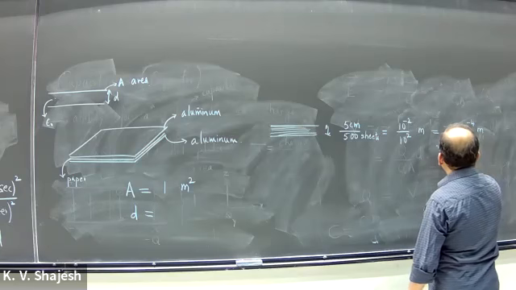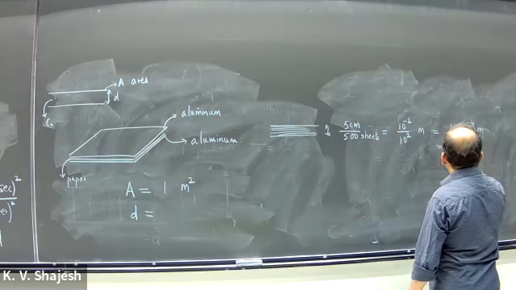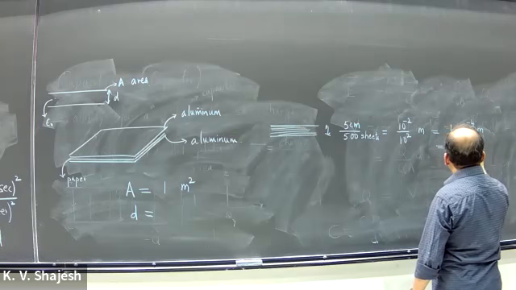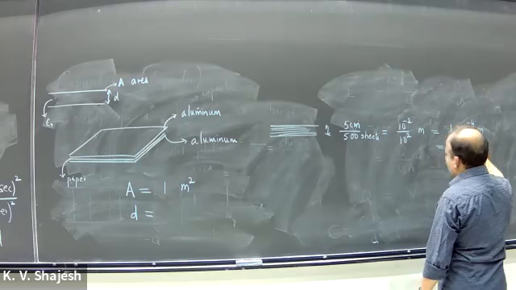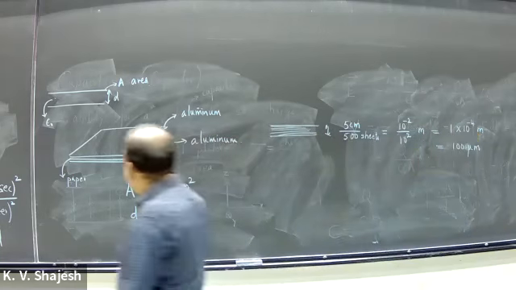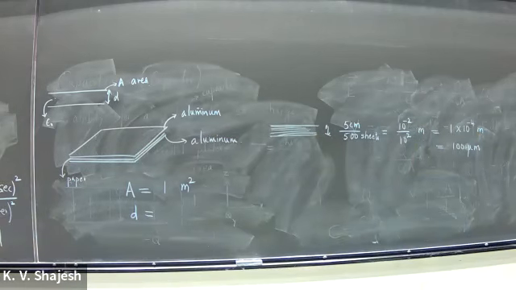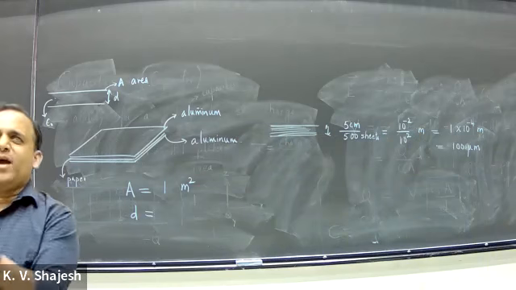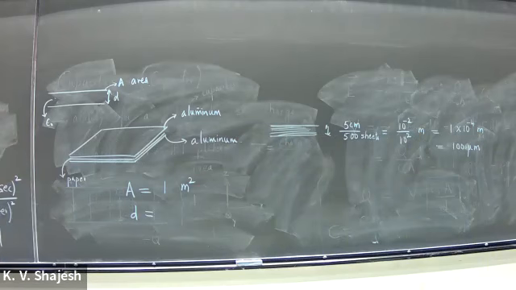Let me write it in micrometers. So that's 100 into 10 raised to minus 6 meters. So a sheet of paper that you use all the time is about 100 micrometers. That means you can have about 100 bacteria in a line, right? A bacteria is typically about a micrometer.